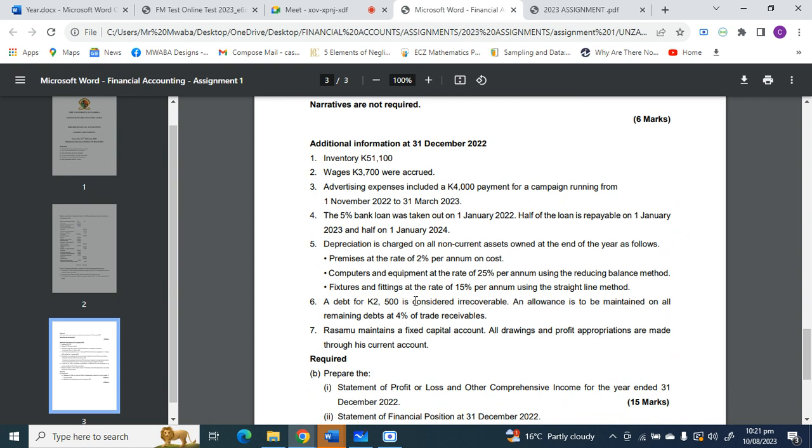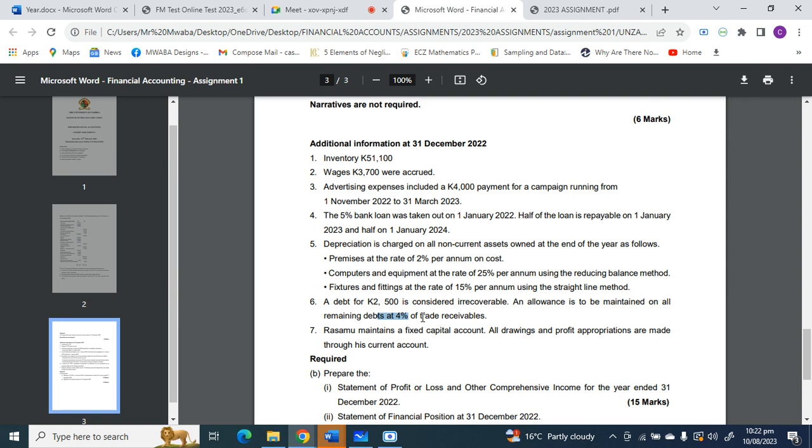Unlike bad debts, which are certain that you won't get, not 100%, but let's say 95%, because maybe someone can go bankrupt, then after some time they get money, then they'll pay you later on. But 95% confidence level that you won't get this. But this 4% is just an estimate. Because remember, whenever you do credit sales, not everyone's going to pay you the full amount.